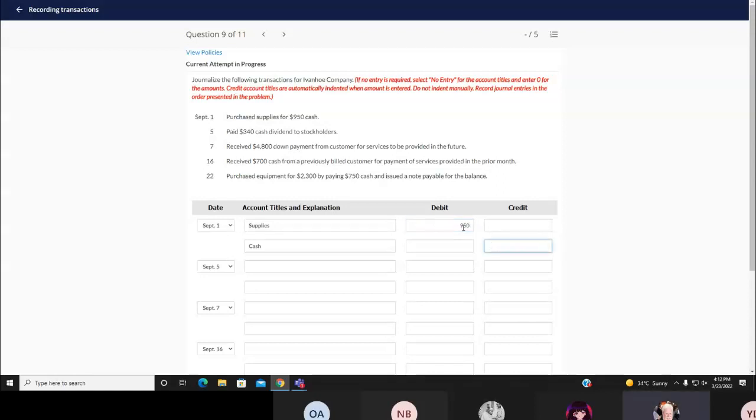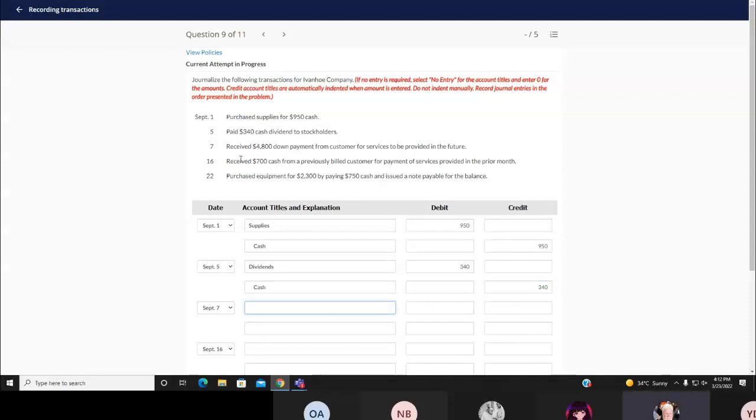No, cash. Now, I paid cash to the shareholders, so this is dividend. Dividend reduces shareholders' equity, so it's on the debit side. So debit dividends, and credit cash. Debits equal credits all the time.